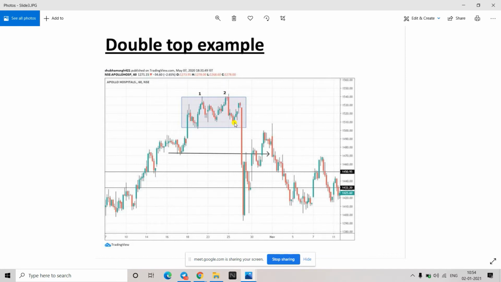It tried to come here again and gave a small upward movement, and then there was a sharp fall. This is one top, this is the second top. So this is a double top example. This is the neckline over here, because the correction after this point came up till here.